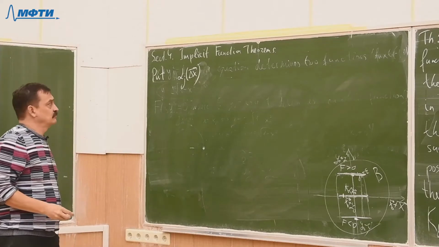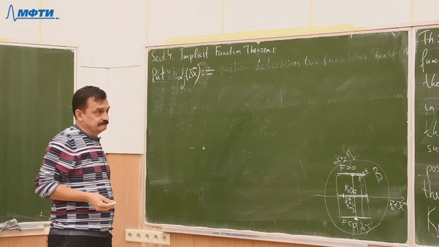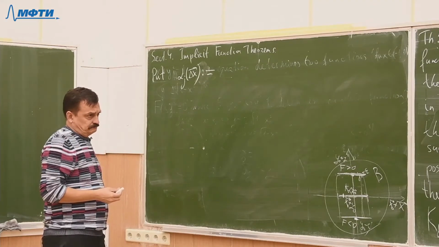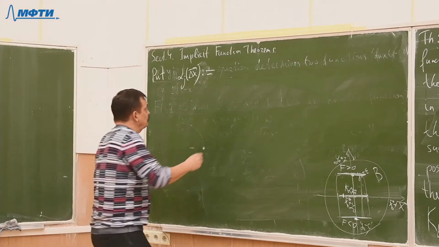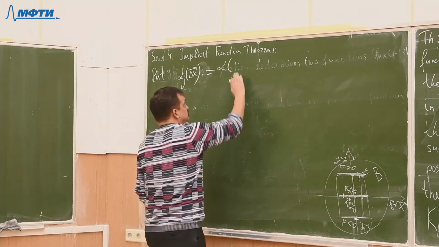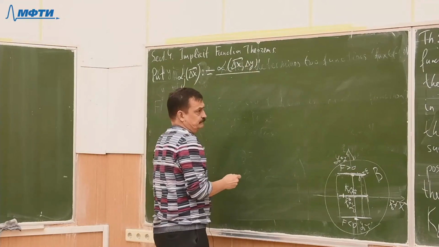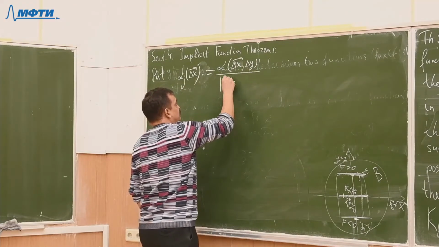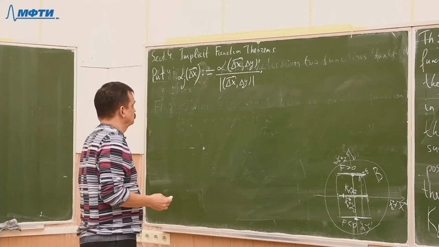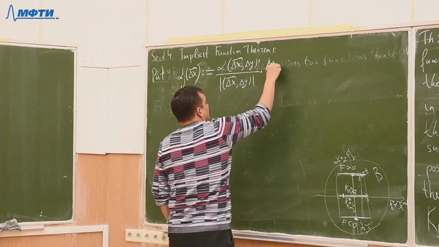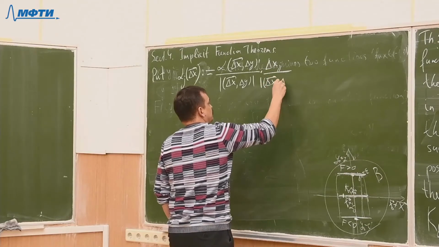Alpha j of delta x, by the definition, that is alpha of delta x delta y over the length of this vector times delta xj over the same length.